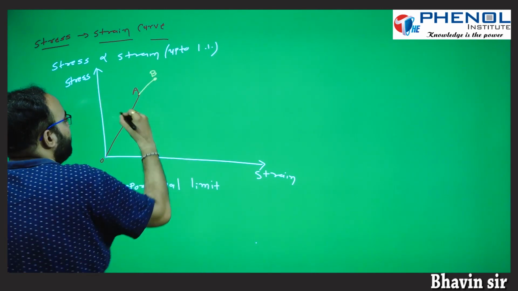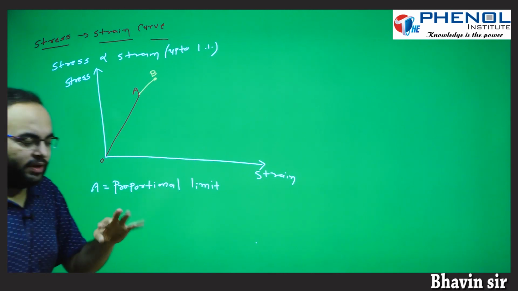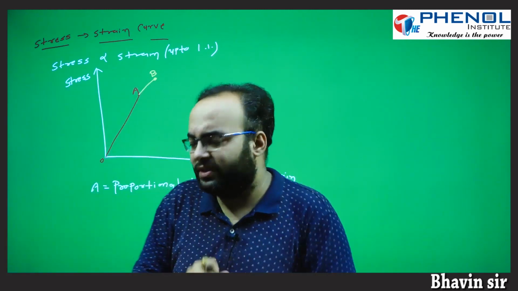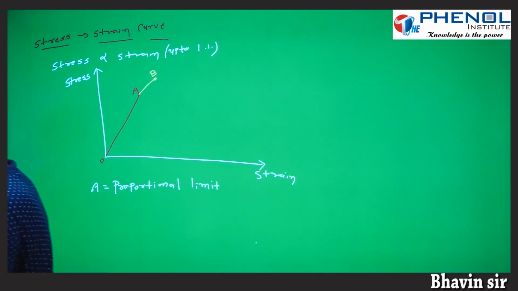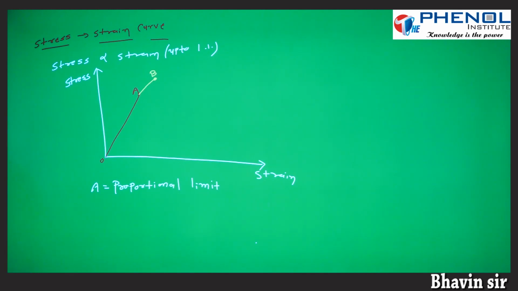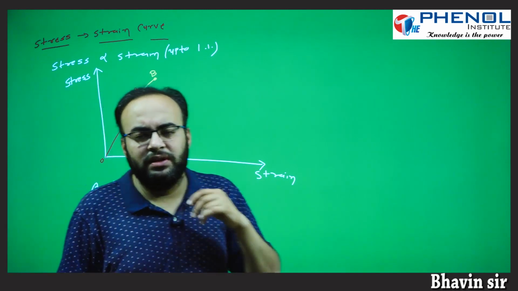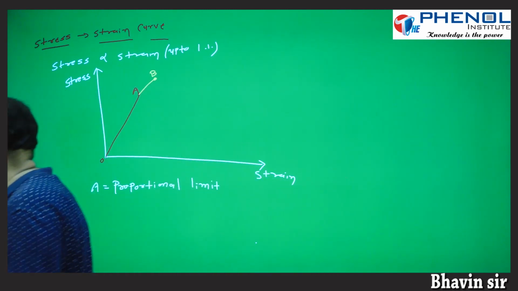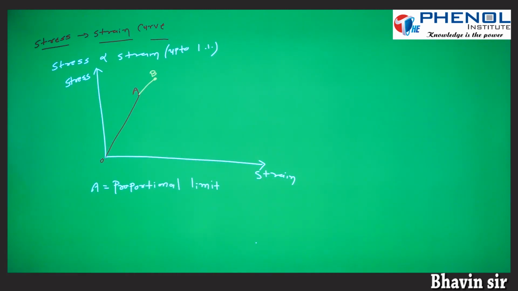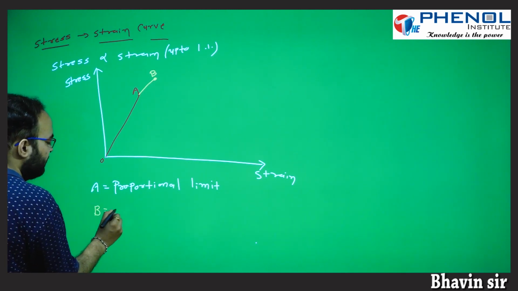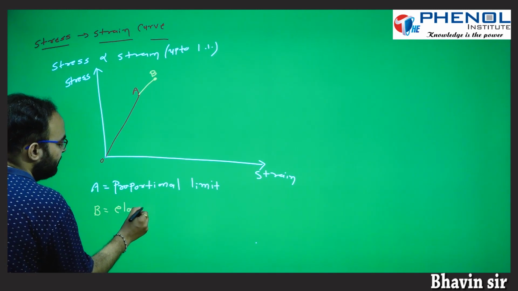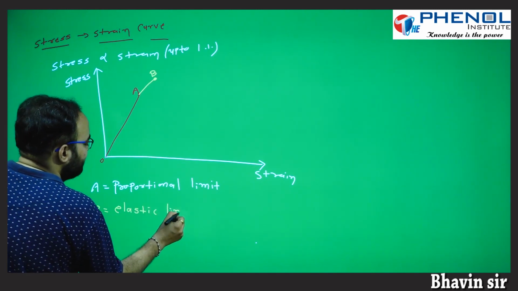So see, from A to B, stress and strain are not proportional to each other, but up to B, when the deforming force is removed, the substance can get its original shape. So students, B is known as the elastic limit. Why is B known as the elastic limit?